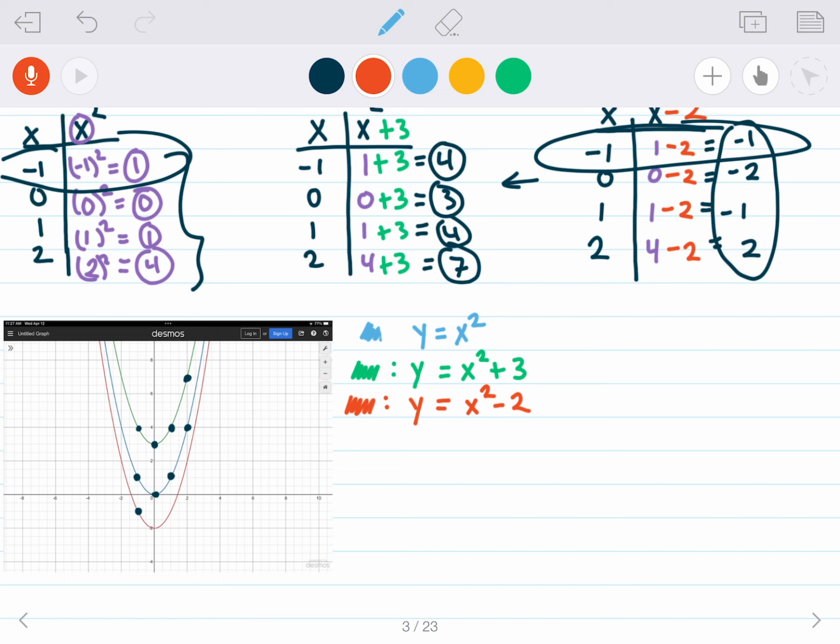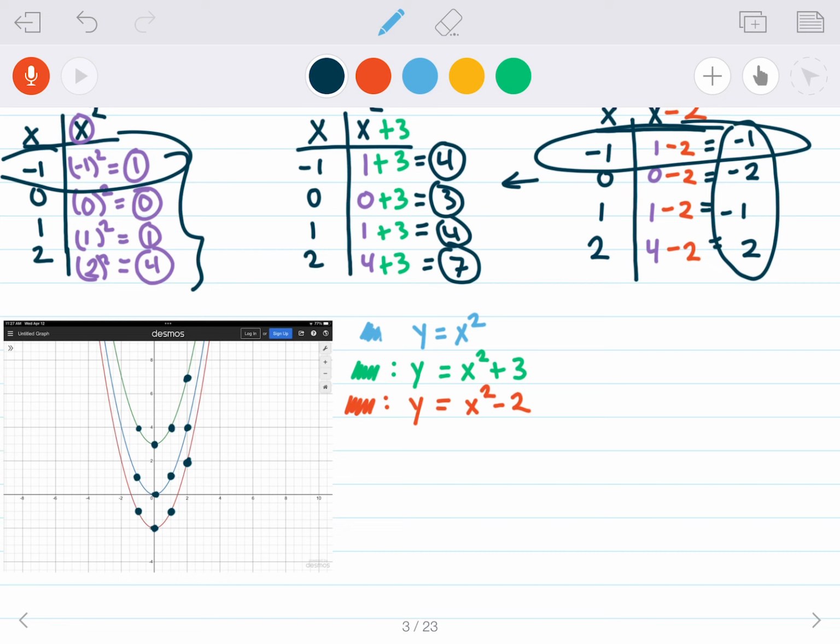We can see here that this point is shifting down 2 units. This point is literally moving down a height of 2. Then we have 0, -2. Then we have 1, -1. And finally we have 2, 2.